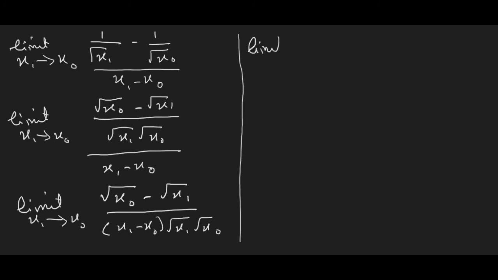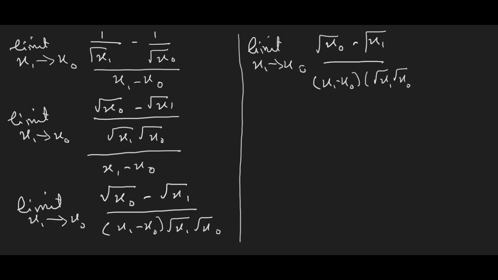Limit x1 approaches to x0, under root x0 minus under root x1 over x1 minus x0, x1 under root x0, multiplied by under root x0 plus under root x1, whole divided by under root x0 plus under root x1.